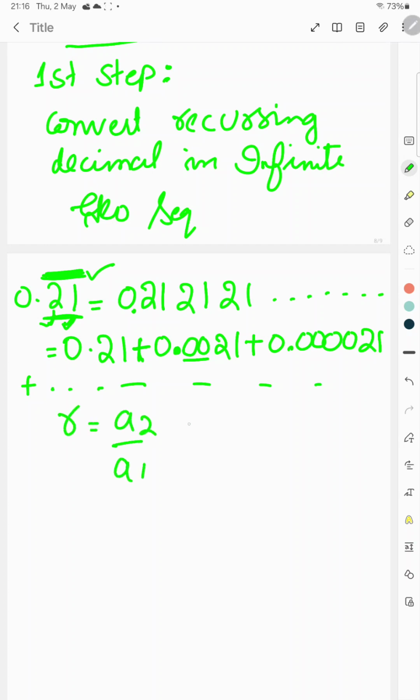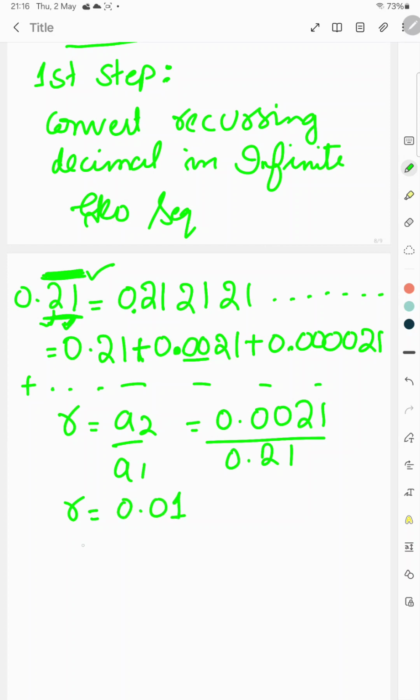So here, as you know, r is equal to a2 by a1. The second term is 0.0021 divided by the first term, 0.21. Now I solve it on the calculator and I get the answer, which is 0.01.